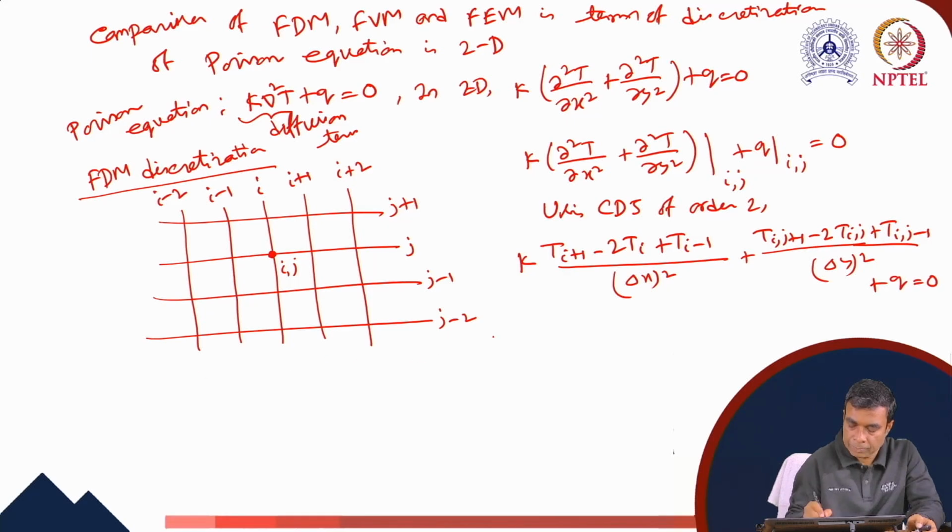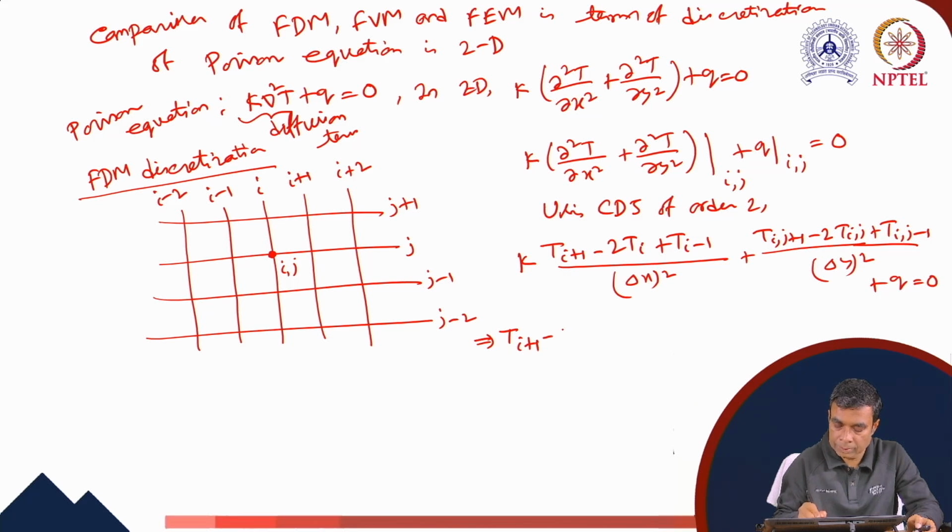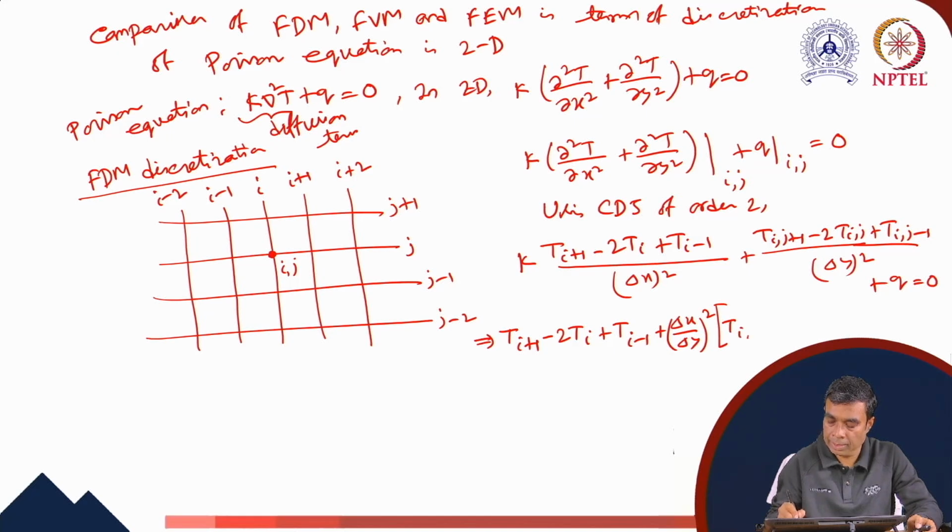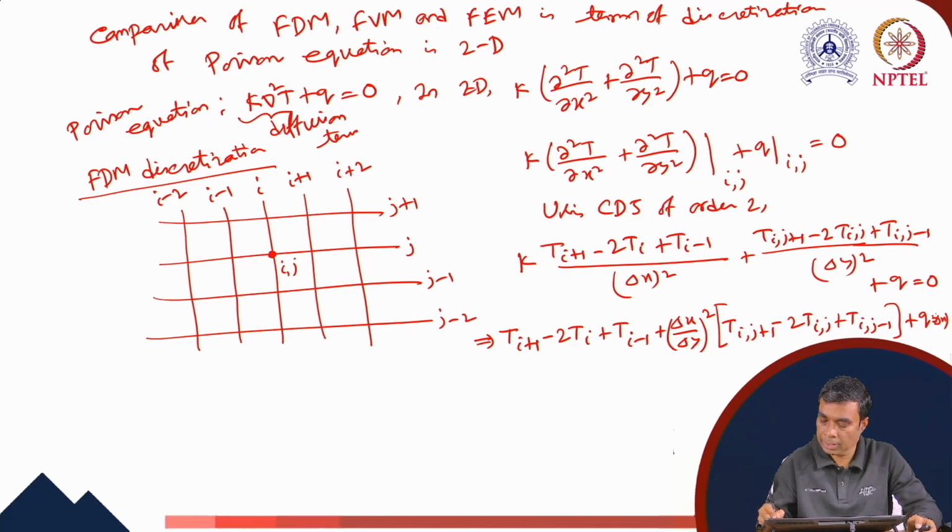From here we can simplify it as Ti+1,j minus 2Tij plus Ti-1,j plus (delta x by delta y) whole square into (Ti,j+1 minus 2Tij plus Ti,j-1) plus q into delta x whole square equals to 0.